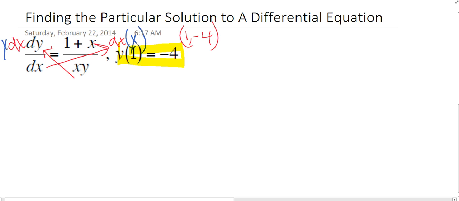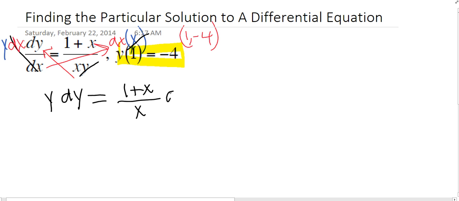When I do that, I'm going to get cancellation, right? That dx cancels with that dx. This y is going to cancel the y on the right, and simply I have y dy is equal to (1 plus x) over x times dx.